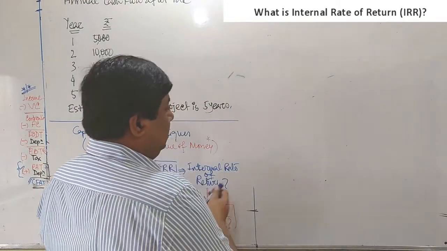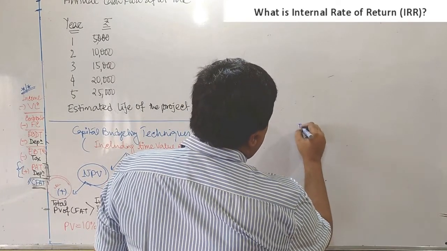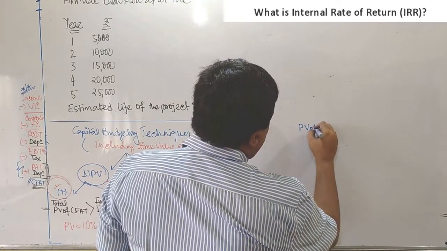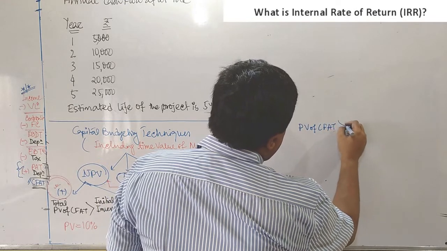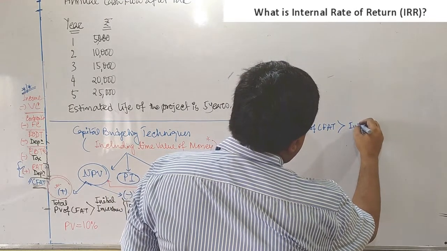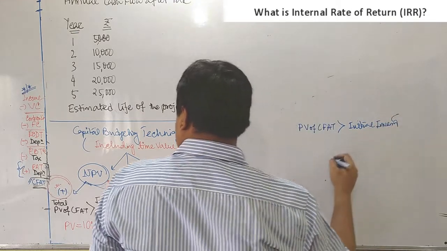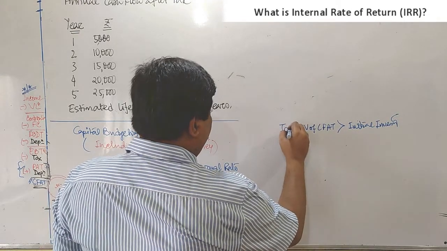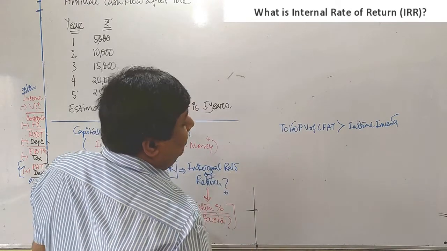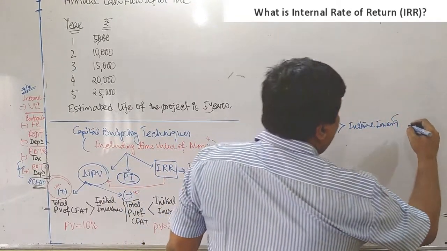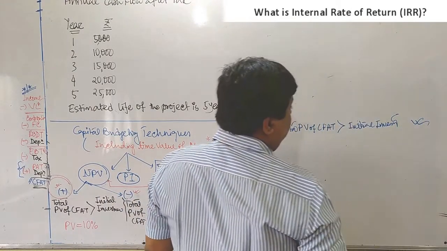Now, just give me a brief here. Say if total PV of CFAT is greater than initial investment, then we are going to accept the project.